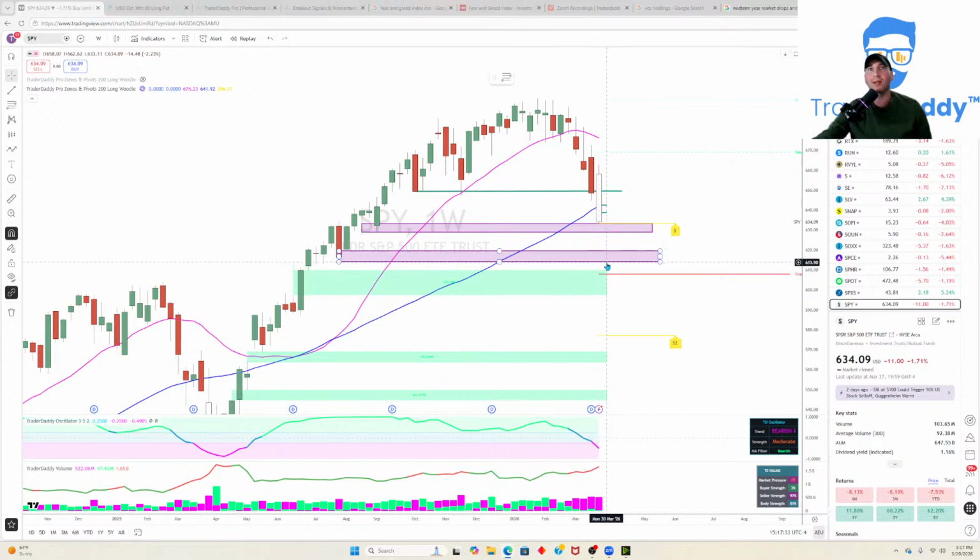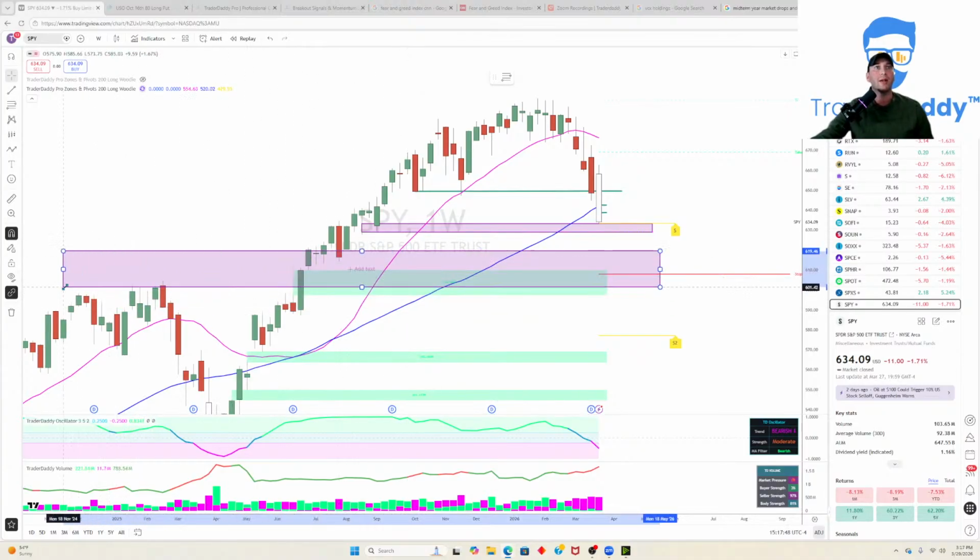So I'm guessing that this 600 to 620 level will hold. I mean, it's definitely going to hold. It's not like a question of will it hold. It definitely will hold.